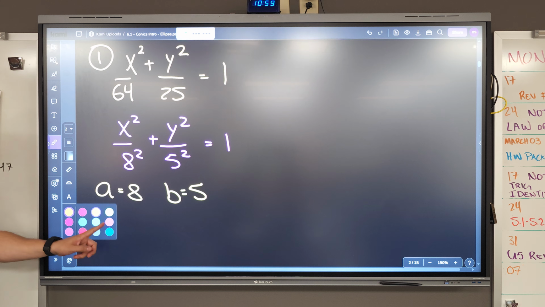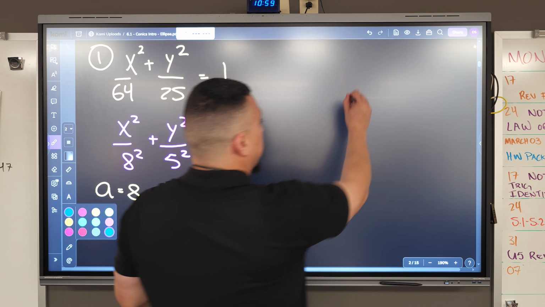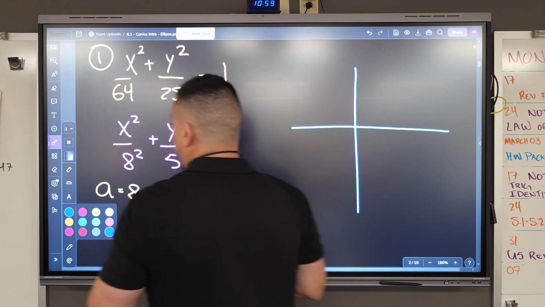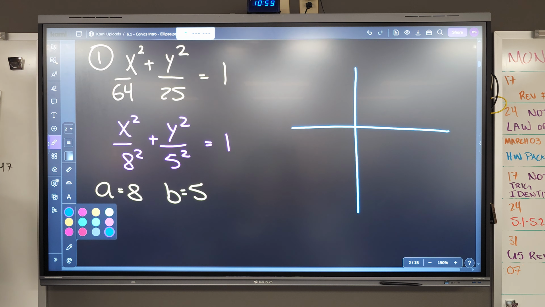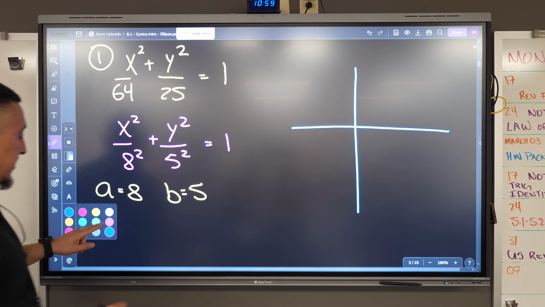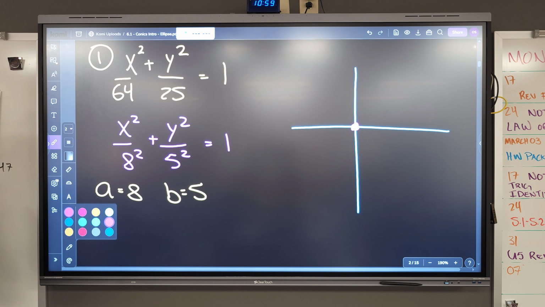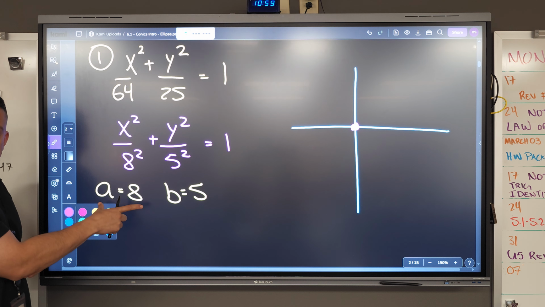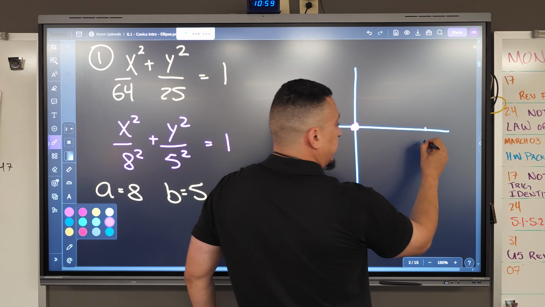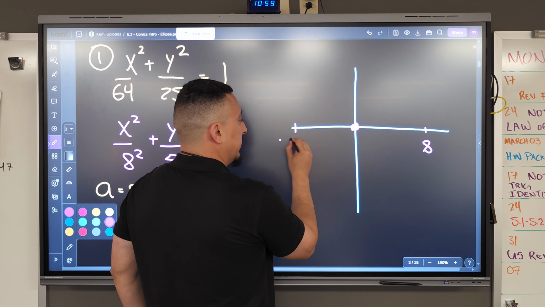Okay, now check this out, how easy this is to sketch. Did we move the center anywhere? No, it's still in the middle, right? We don't have a plus minus. So the center is still right here in the middle. But the radius on the major axis, so the big radius is the A, is 8. So 8 this way, 8 this way.